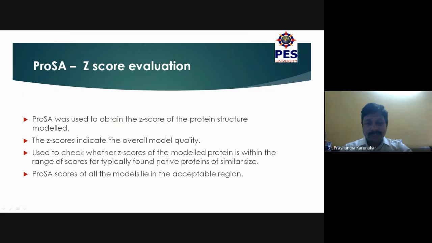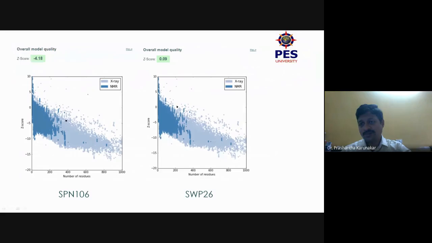Then we looked into the Z-score, with which we can check the model quality. The Z-score provides information on how good the modeled protein is if we compare it with experimentally determined structures, where the dark blue spots represent NMR, and these are the X-ray.